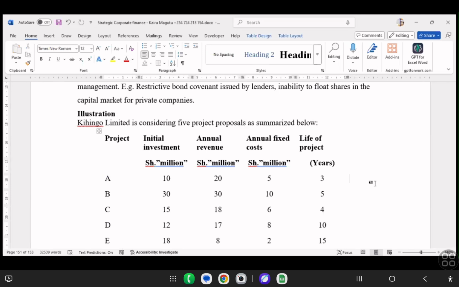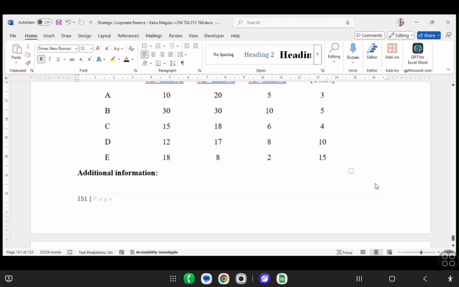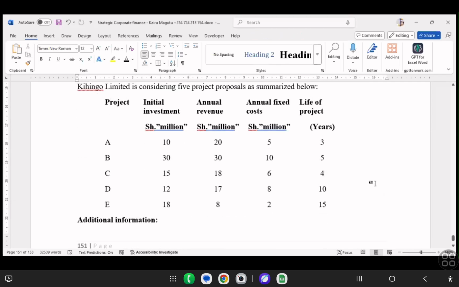Kihingo Limited is considering 5 project proposals as summarized below. We are given project A, B, C, D, E. Initial investment. Let me replace this one with the Rwandan francs.